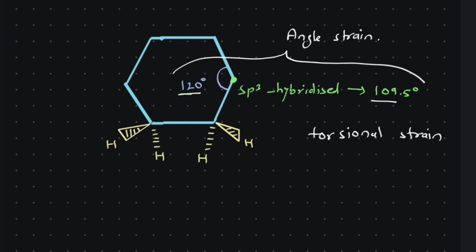You can see in this structure, the ring is in the eclipsed form. Both hydrogens are on the same side in the eclipsed structure, so they will repel each other and create torsional strain due to hydrogen electron density. It creates another strain. This is torsional strain, and that's the reason for the instability of flat cyclohexane.